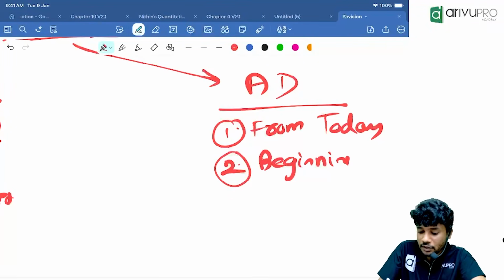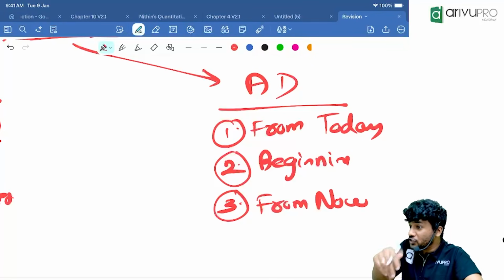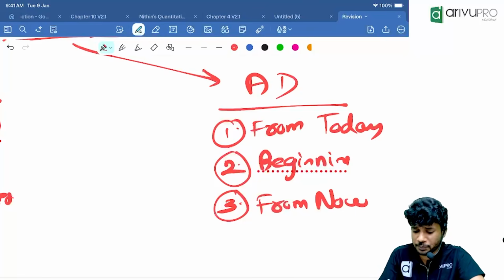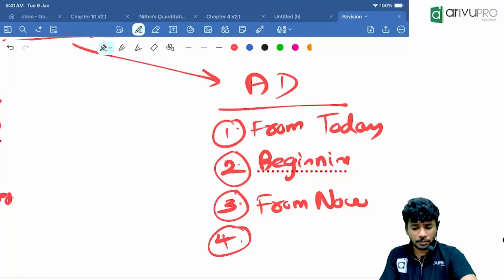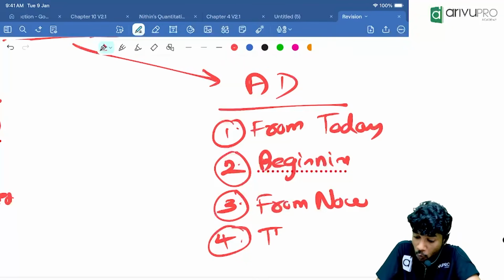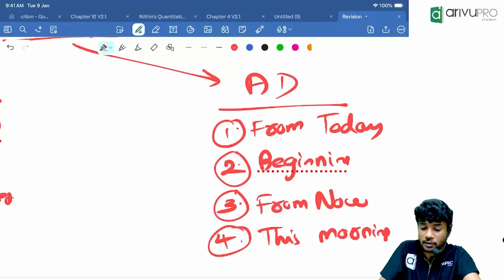Then from now, whenever they mention in the question that we are investing money from now for a recurring, definite number of periods. Then anything else, people? Beginning from now, then from today morning, from this morning, likewise, all these will come under that.